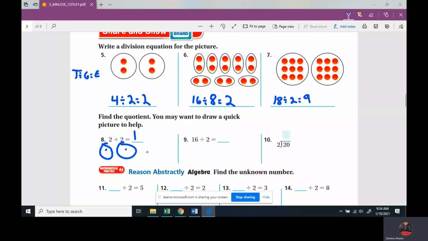For the next one, Adeline, we have to draw 16 counters. So, draw your 16. 1, 2, 3, 4, 5, 6, 7, 8, 9, 10, 11, 12, 13, 14, 15, 16. All right, Alan, once you draw your 16 counters, circle them in groups of 2, and I want you to tell me how many you come up with.